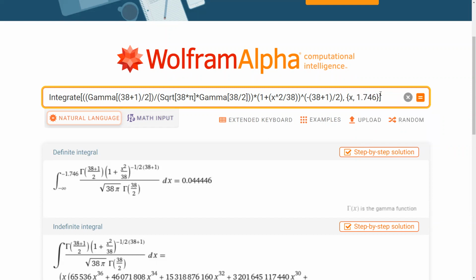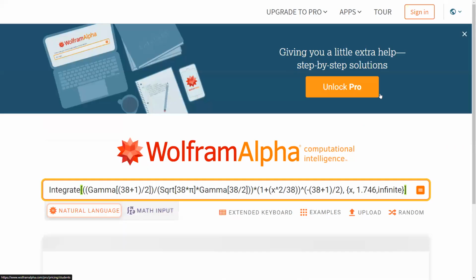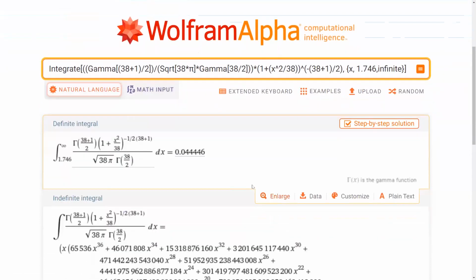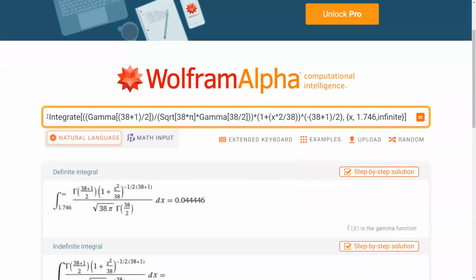Okay, so let's get rid of this. And we'll just go like this. So now I'm going to integrate the upper tail from our t-score to the upper tail here. And we're going to get the same result, right? So 0.0446. Now remember, that's only half of it. So we have to add those two areas together, or we can just multiply them by 2 since they're symmetrical.